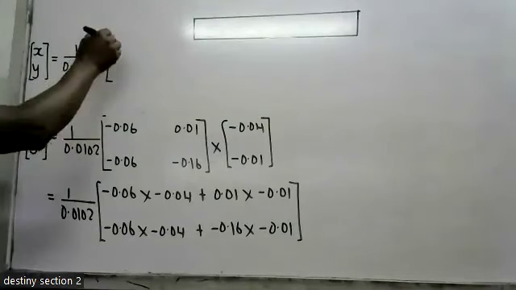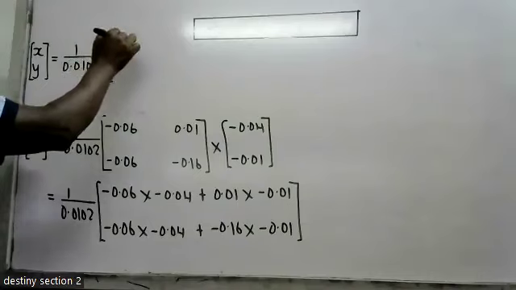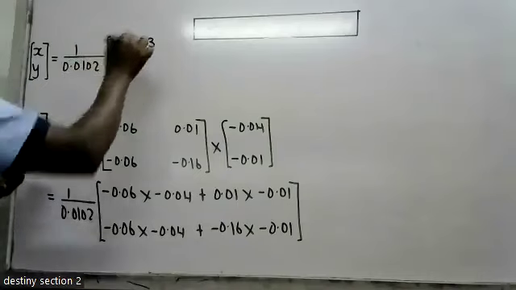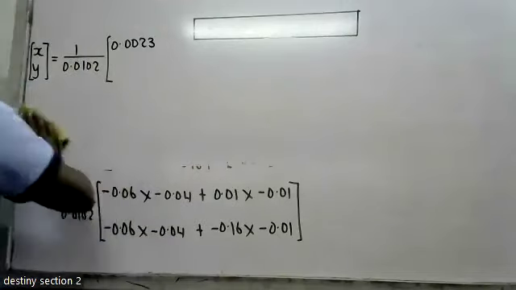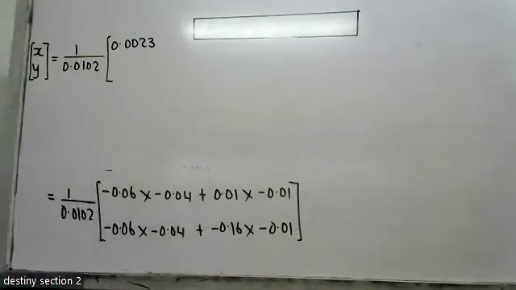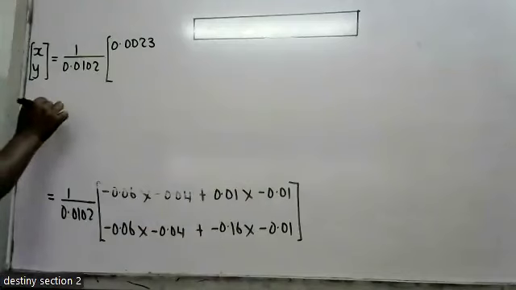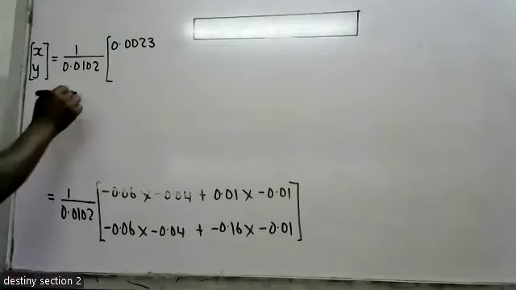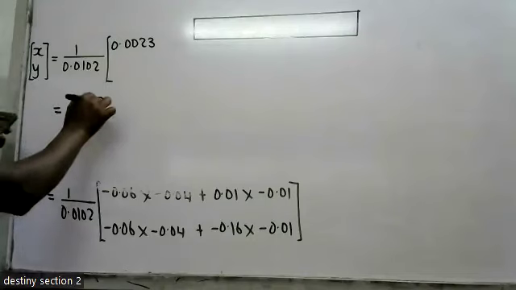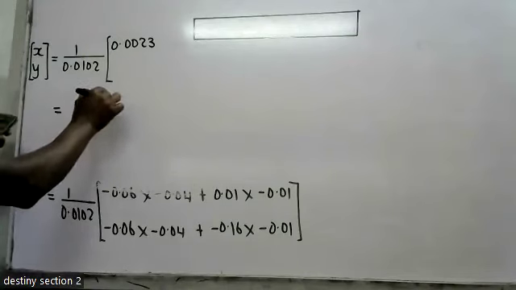I'm getting 0.0023. And because I know I will have to divide, before I delete that, I come here and say this one divided by this. So I divide by 0.0102 and I get 0.22549. Can use 5 decimals.